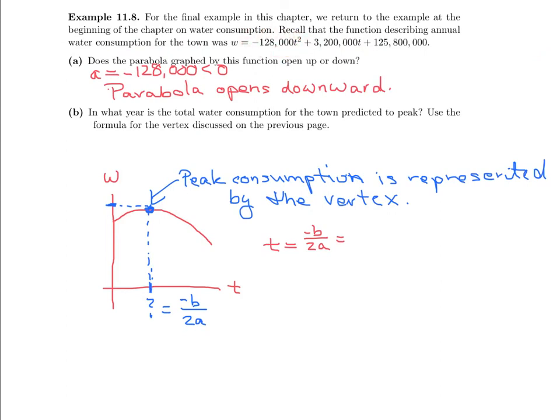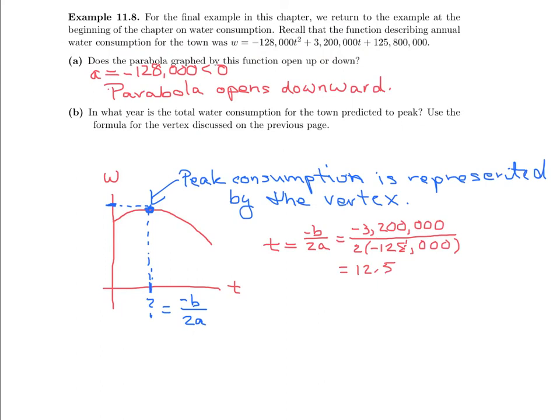So we substitute those in. So minus 3,200,000 divided by 2 times a. And then we simplify. And when we simplify, we arrive at 12.5.